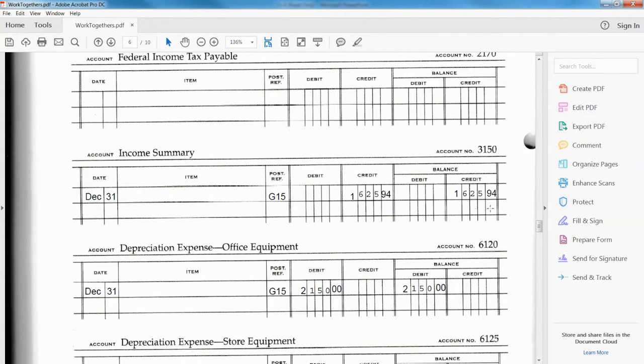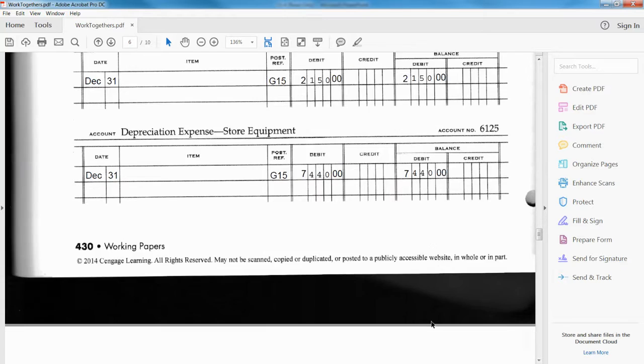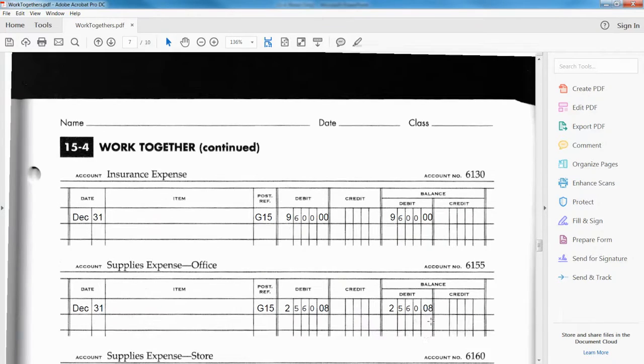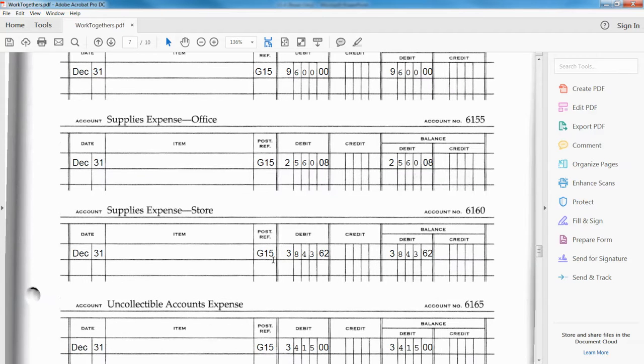Income summary got posted. Depreciation expense office equipment. Depreciation expense store equipment. Insurance expense. Supplies expense office. Supplies expense store.